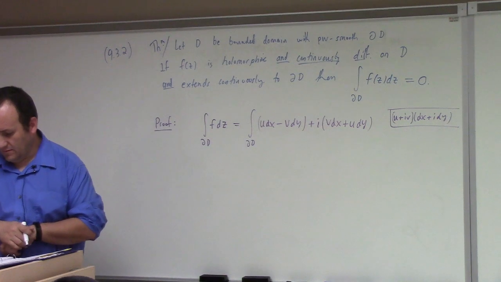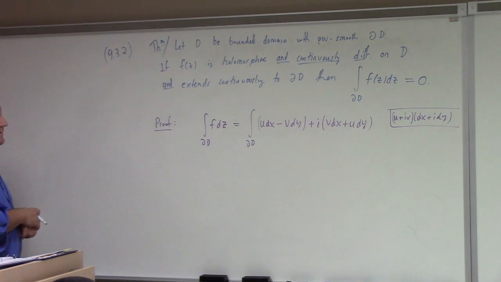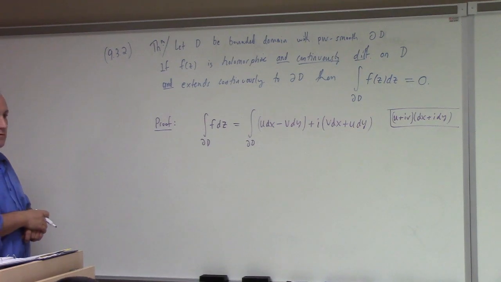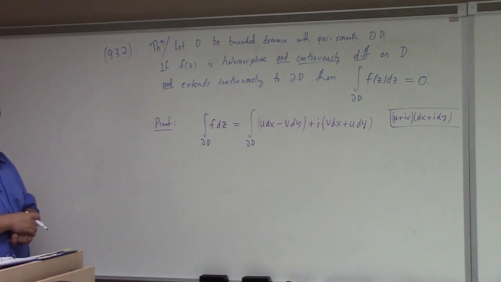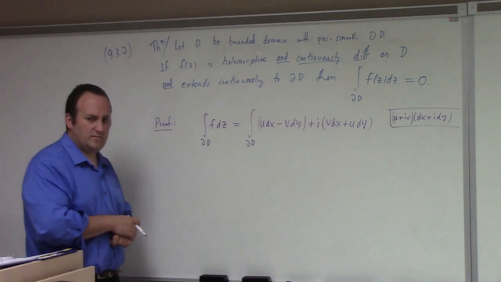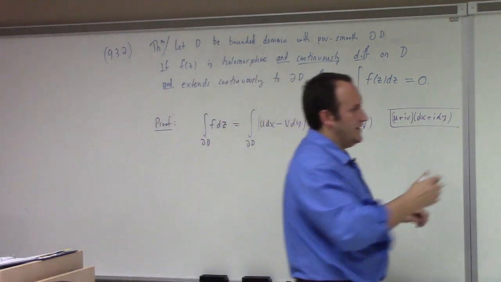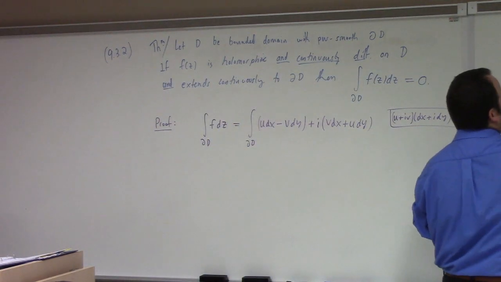And then, all right, so it's a bounded domain. Well, then Green's theorem applies. You're like, well, you didn't say it was simply connected. That's true, I didn't. But do you know what Green's theorem says if you have holes? How's that work?